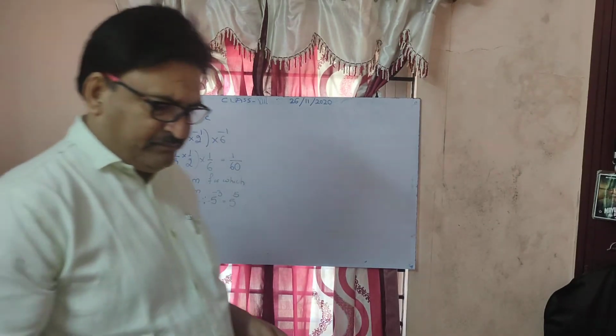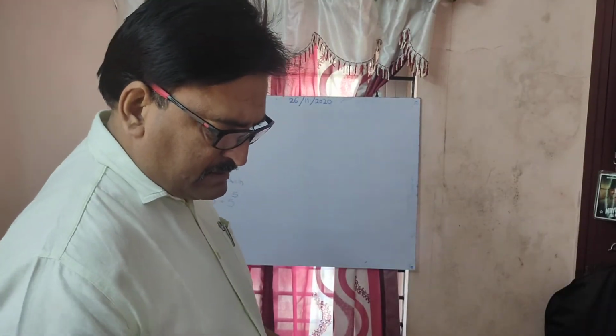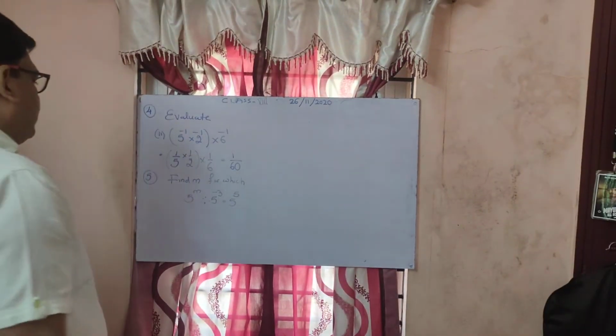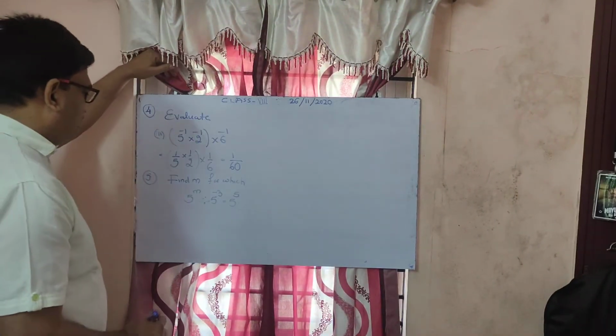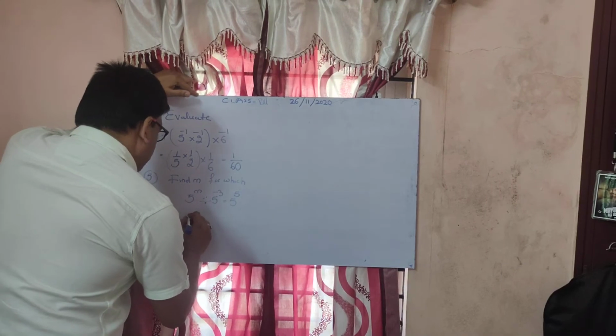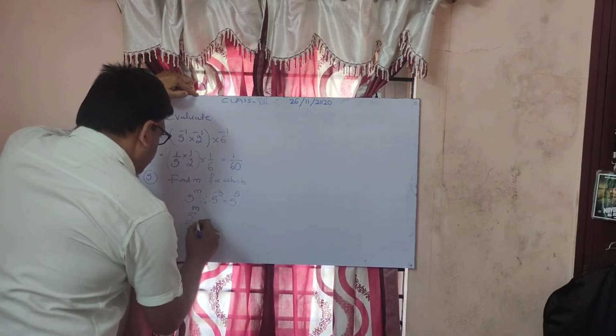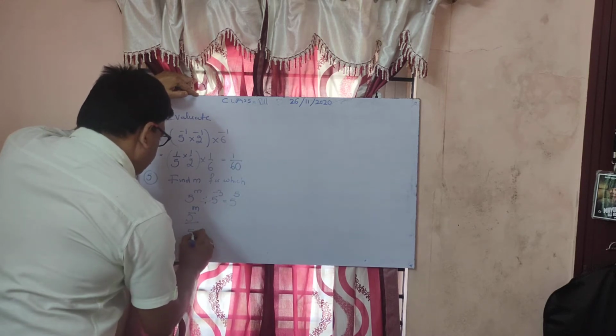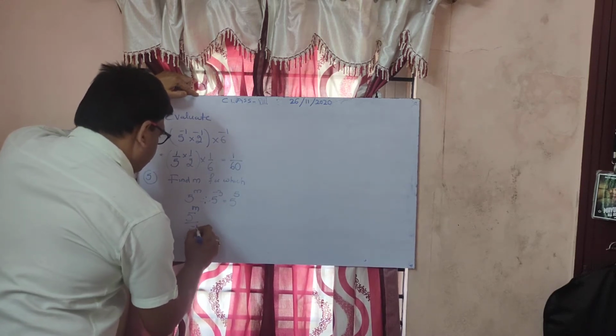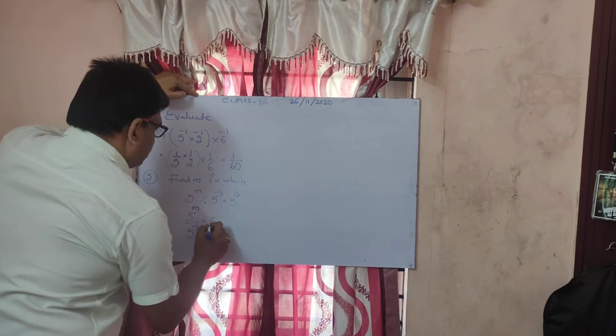So, in this example, first of all, write them in the proper form. 5 to the power m divided by 5 to the power minus 3 is equal to 5 to the power 5.